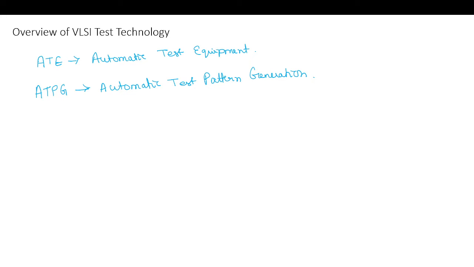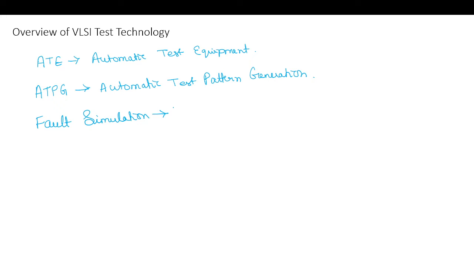Now, say I have one pattern, and I want to know which faults it detects. So we perform something called fault simulation, which emulates the fault model in the circuit under test. This is performed in software, applying the test vector, and we can determine the coverage. It can be fault coverage or test coverage.